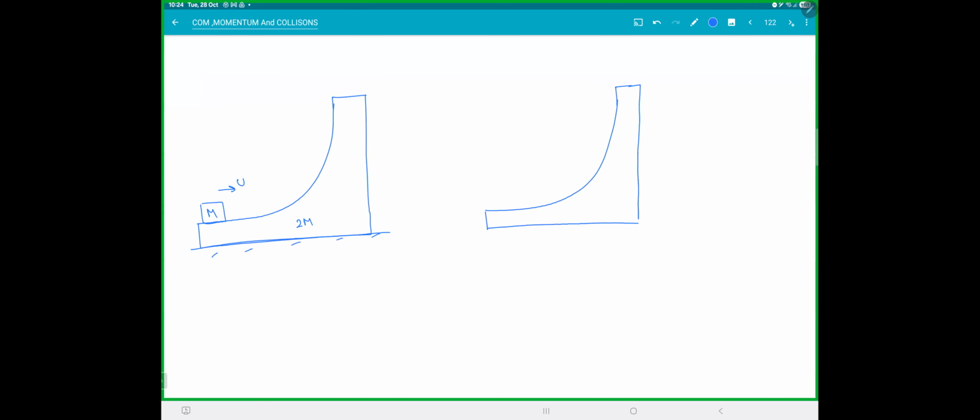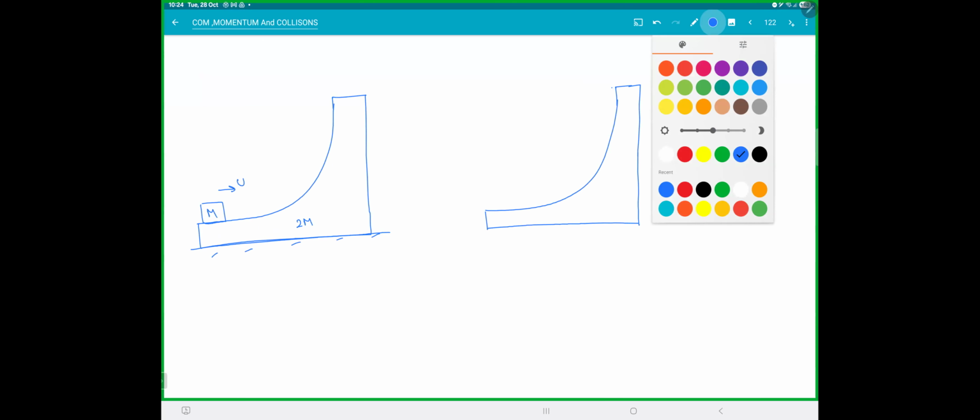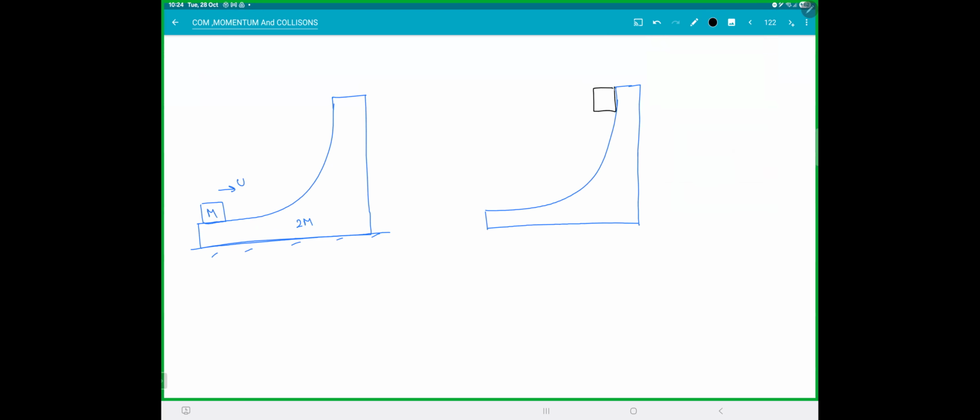So when the block reaches the highest position here, this block will have two velocities, technically, Vy and Vx. Since the block and the wedge are touching each other, they should have same horizontal velocity. Do you guys remember? Velocity along the normal must be same.